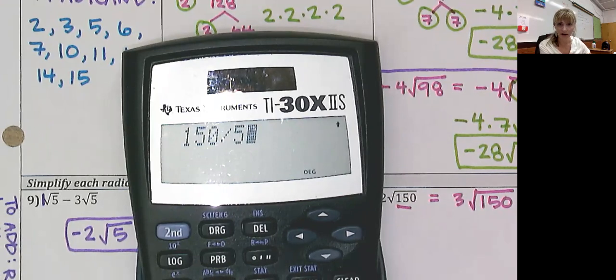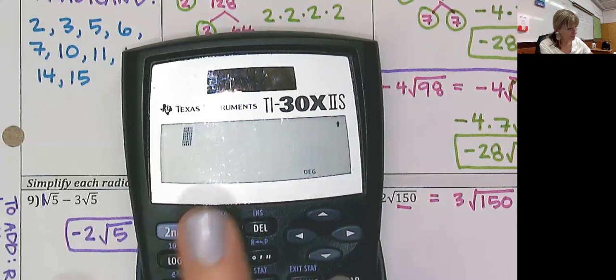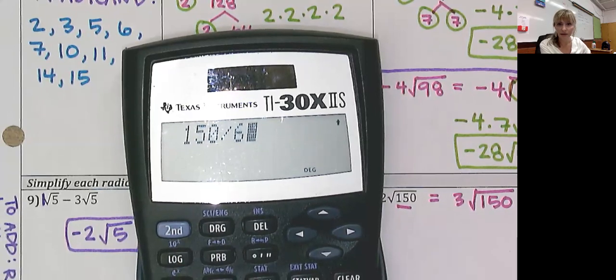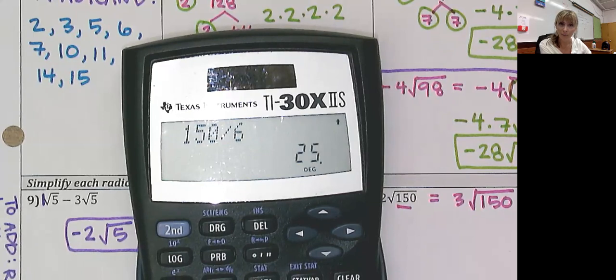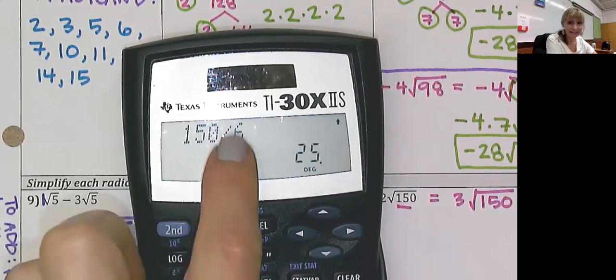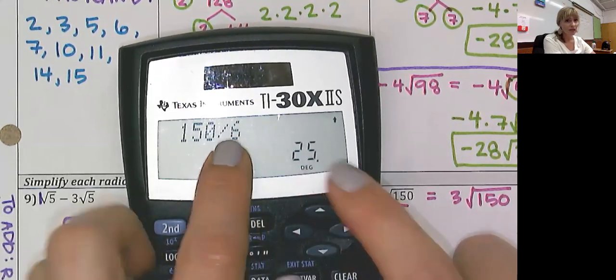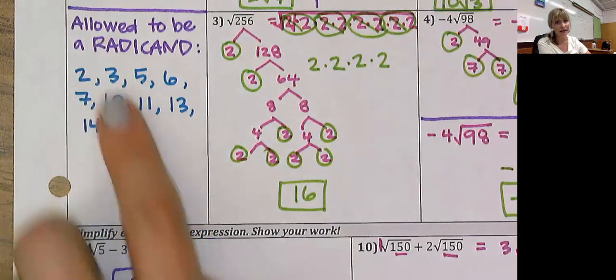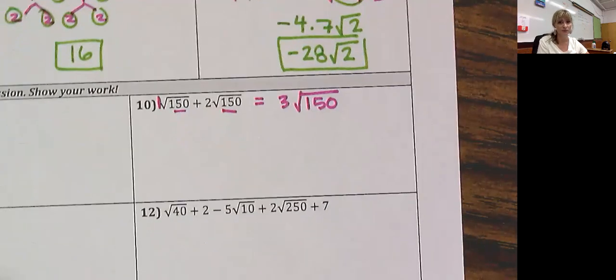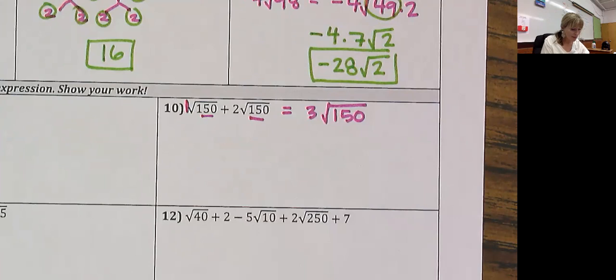Now I'm going to divide by 5. Is 30 a perfect square? No, it's not. Go to the next one. 150 divided by 6. Is 25 a perfect square? Yes, it is. What did I do? I did 6. So here's my factors right here, 25 and 6. If you go with this list of things that are allowed to stay inside, you will find your perfect square factors more quickly.